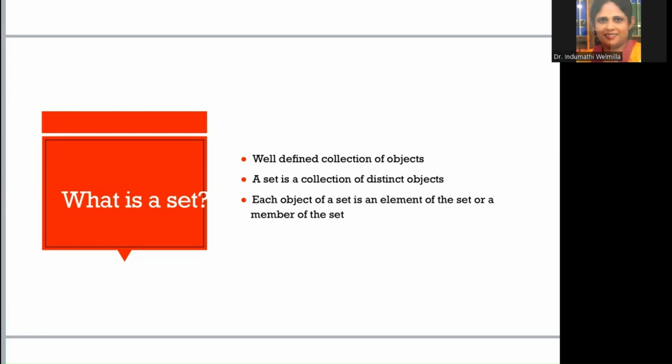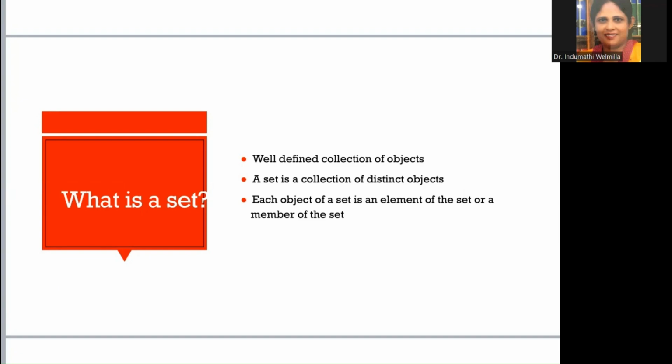In set theory, you will learn about sets and their properties, because it was developed to describe collections of objects. You already know basic mathematics, and sometimes we have to apply those basic mathematical rules when we learn set theory.